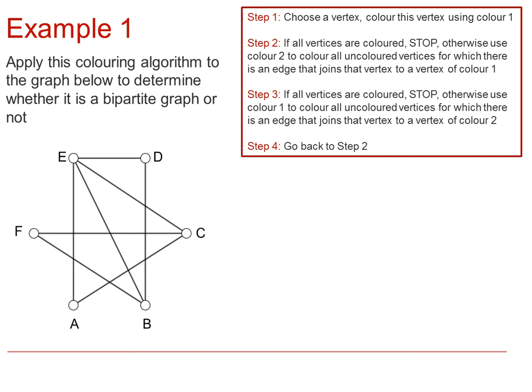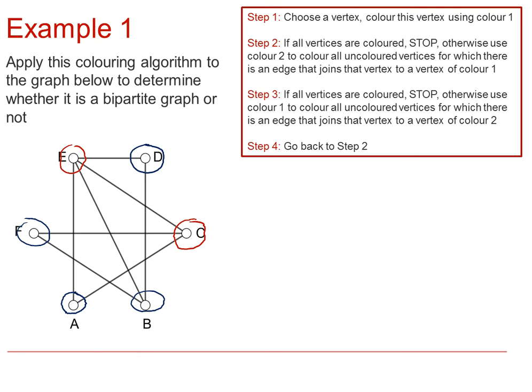In this example, we need to apply the colouring algorithm to determine whether or not it's a bipartite graph. Let's start with A, and we'll do that in blue. That means then that C will be in red, and so will E, which would then imply that D must be blue, and B must be blue, moving on from E, and that F might be blue.